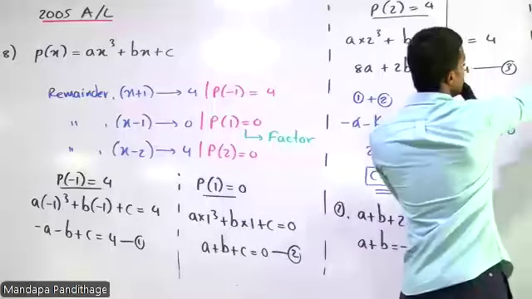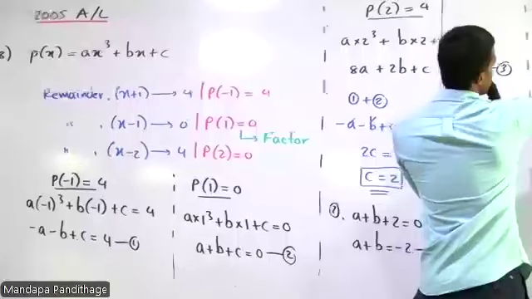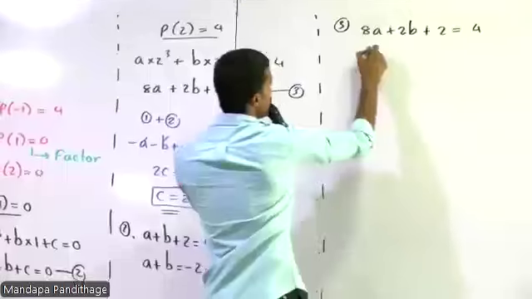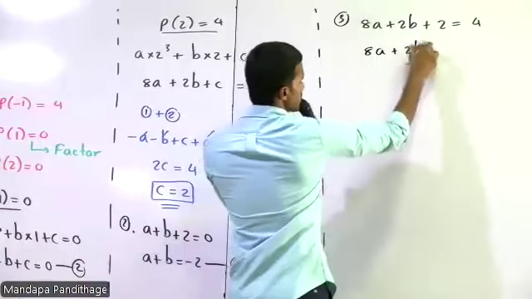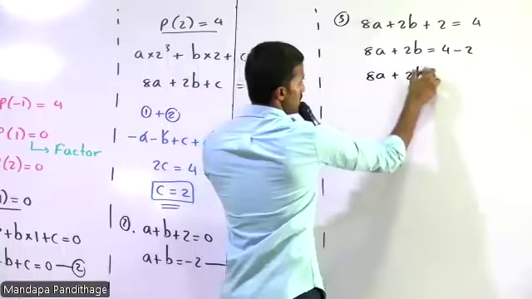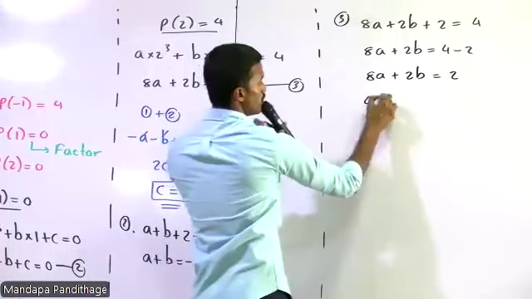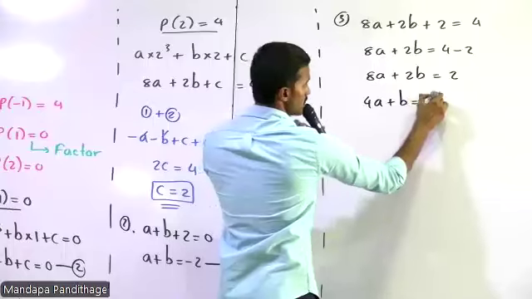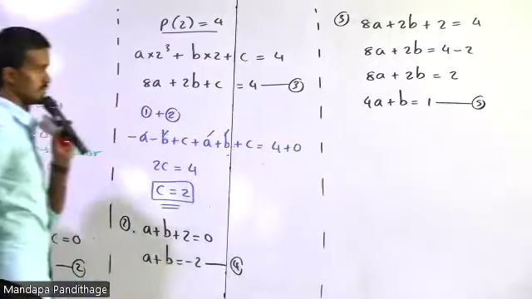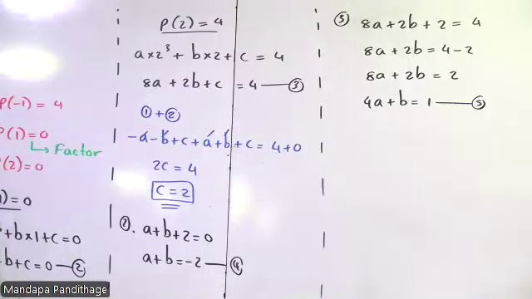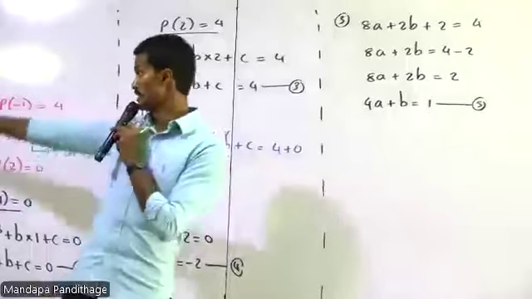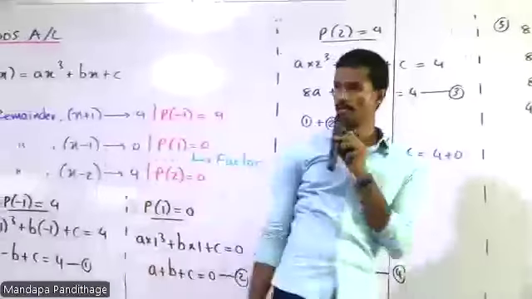Substitute to 3. 8a plus 2b plus c, c is 2, is equal to 4. 8a plus 2b is equal to 4 minus 2, which is 2. When you divide by 2, I'm getting 4a plus b is equal to 1. So now I have 2 simultaneous equations with 2 variables. Simplify that, get the values of a, b, c, and completely factorize P(x). You know one factor, so completely factorize.